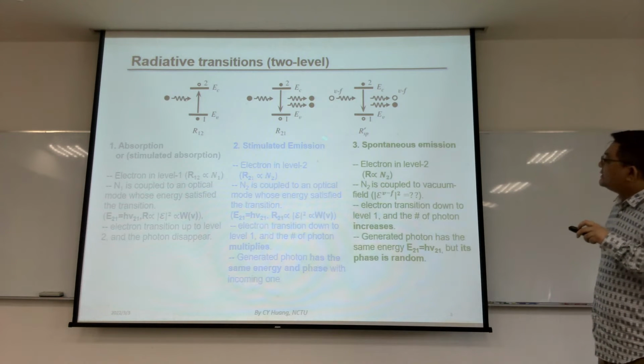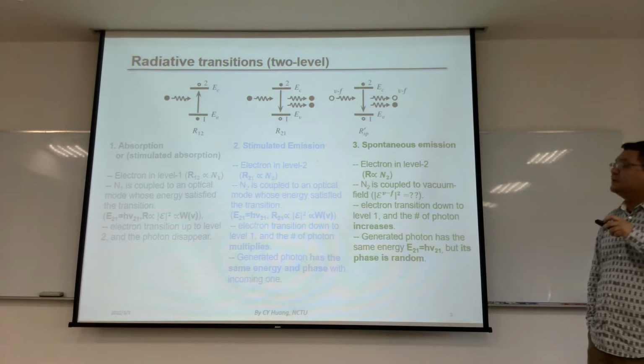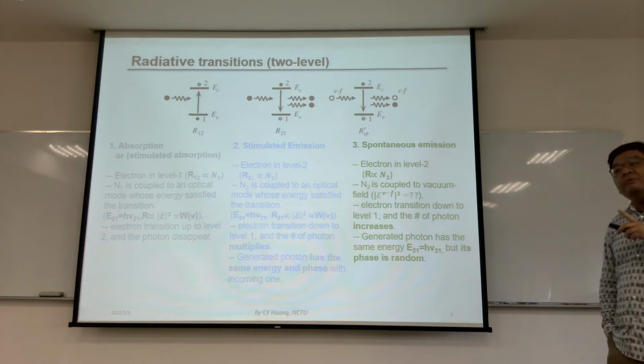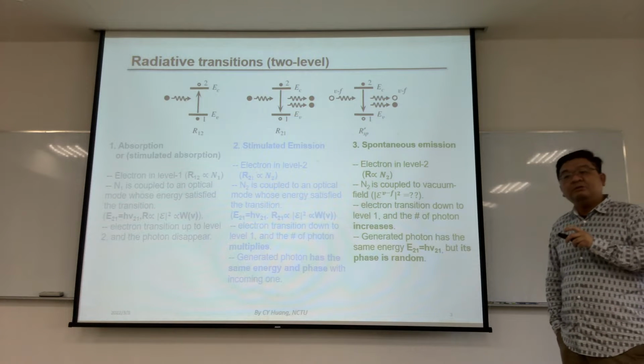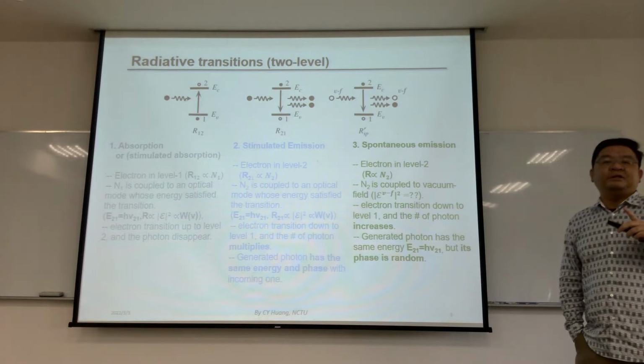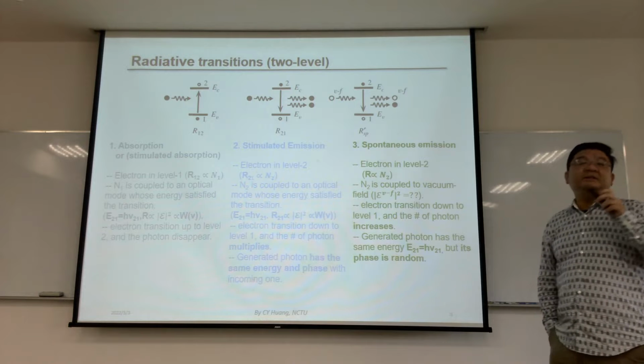Alright, the third mechanism is called spontaneous emission, R_sp. To be more precise, it is also a kind of stimulated emission, but it is stimulated by zero-level energy. What is zero-level energy?